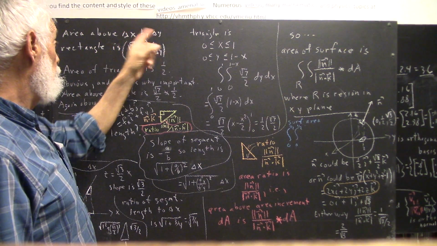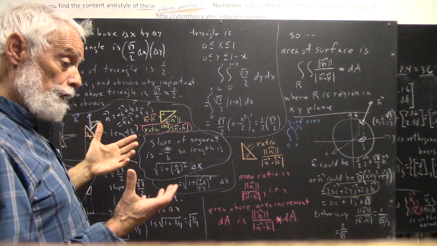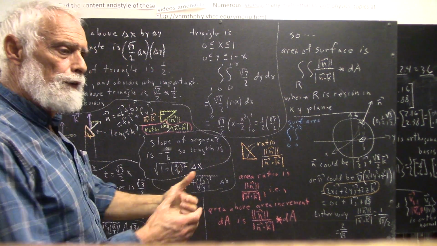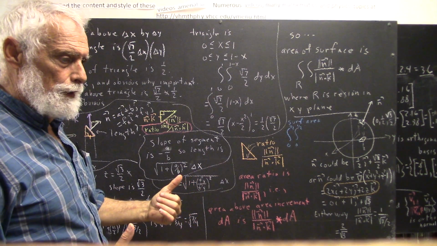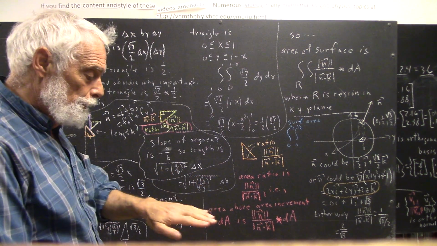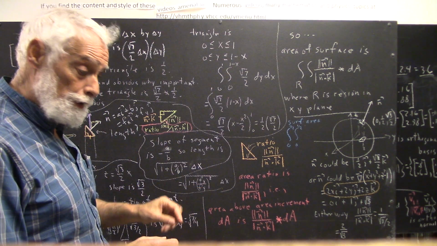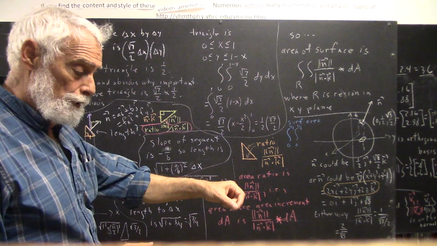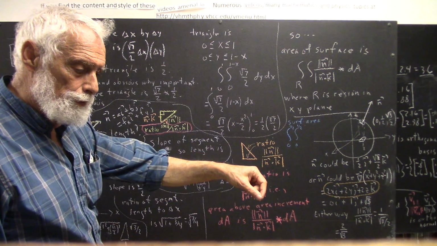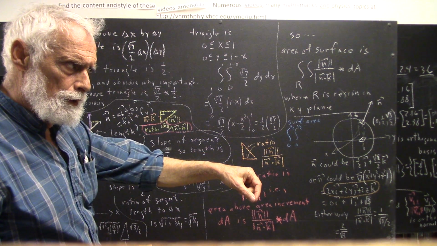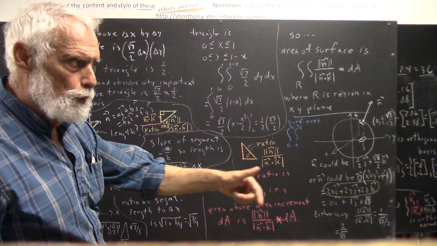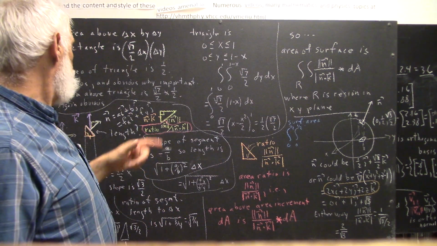So the area above any delta x by delta y is this, as we've already said. Well, that is going to apply to the entire triangle, because the area of every small region down here, and when I'm talking about the triangle, I'm talking about the triangle that goes from 0, 0 to 0, 1 to 1, 0.